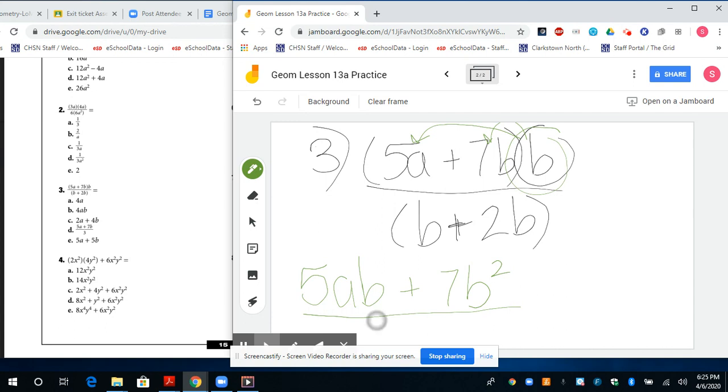Divided by, nothing really happens to that denominator, b plus 2b. And then we are going to simplify. So b plus 2b can also be turned into how many b's at the bottom? So 3b. So that's simply combining like terms.